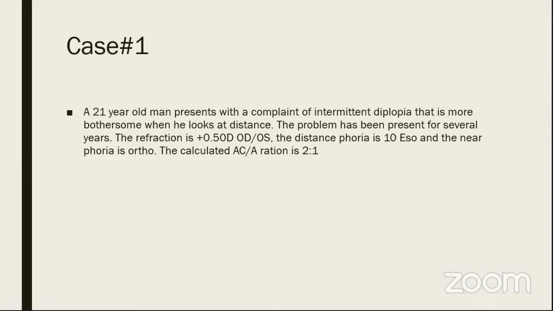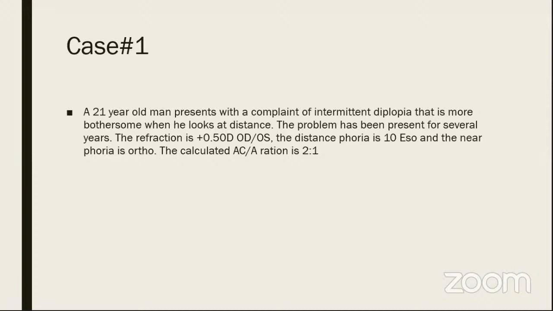If we prescribe plus 0.5 according to the AC/A ratio, the distance phoria would come from 10 to 9, so no significance. Also, because the AC/A ratio is low, we cannot opt for added lenses for distance only, so our refractive correction is not significant here.